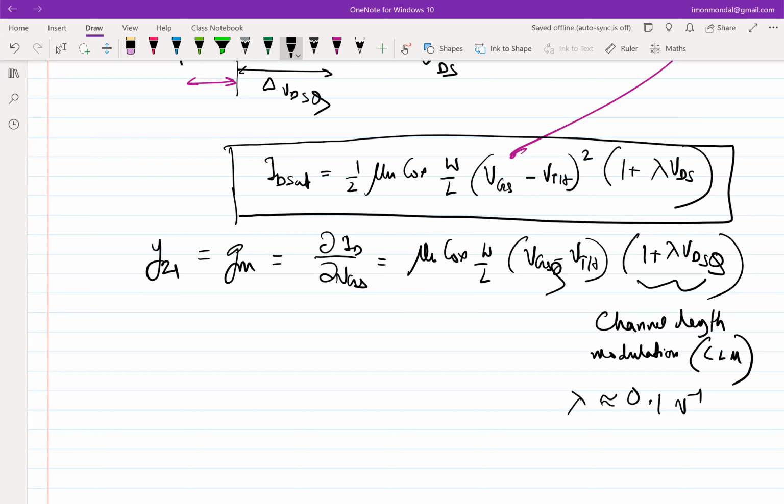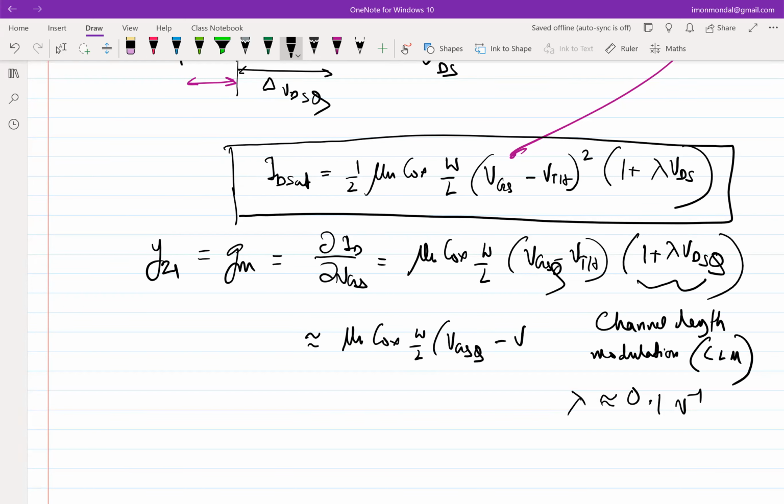And so what I'm essentially pointing to you is that even if you neglect this 1 plus lambda VDSQ term, you will not incur too much error in calculation of IDS or even in the calculation of GM, right? So that is why this term is often dropped, and we call this mu n C ox W over L VGSQ minus threshold voltage.